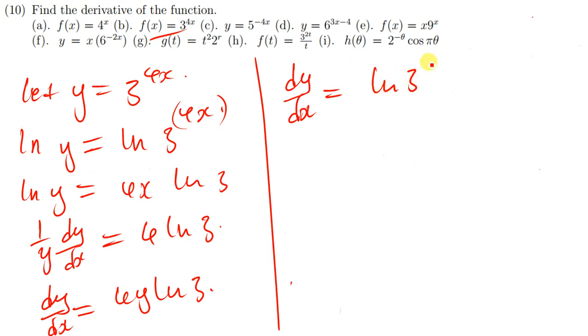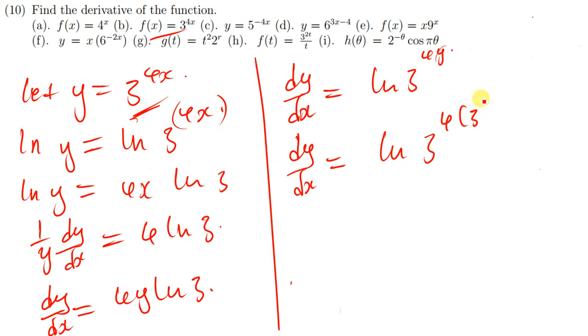So we can simplify this further by writing our dy/dx as ln 3 times 4y. So dy/dx is simply equal to ln 3 times 4 to the power... the value of y in this case is 3 to the power 4x, so we can replace it back there.